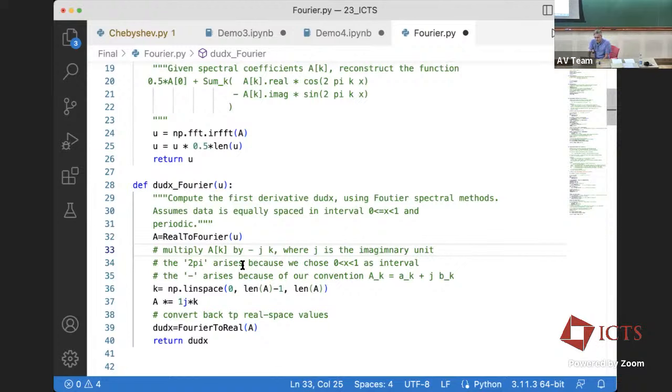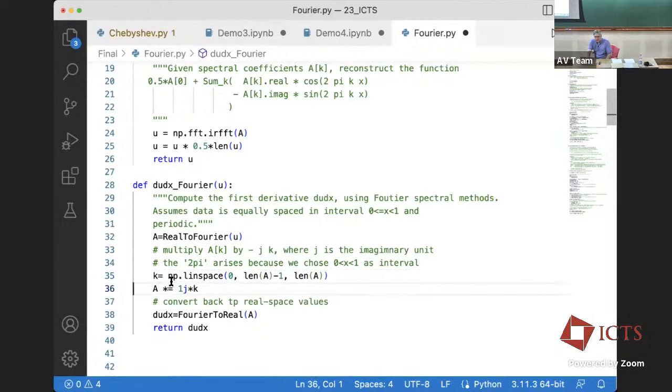And so the only thing is that we have to multiply the coefficients by the imaginary number times k. And then we can go back to real space values afterwards.